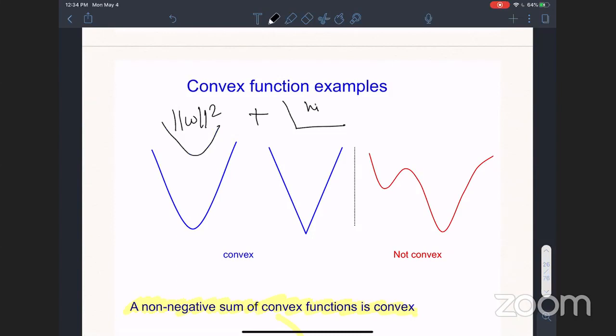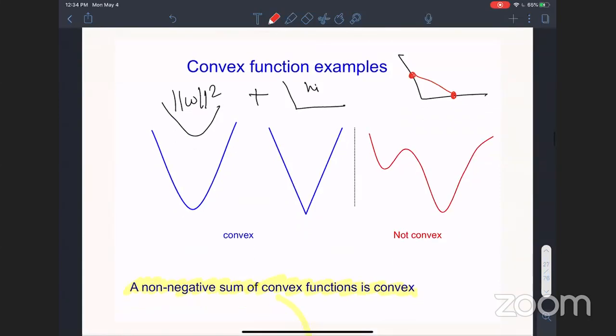I'm adding 2 optimization goals in one form. Both of them are convex functions. This is the hinge loss graph. If you remember a convex function, if you draw any line, it is well within this plot, so it's a convex function.